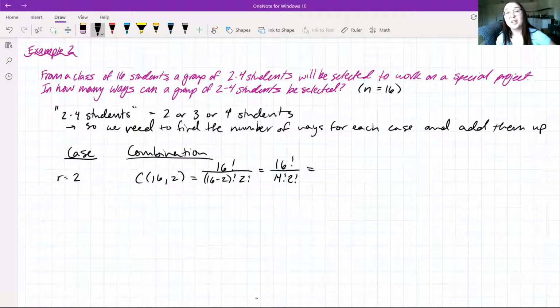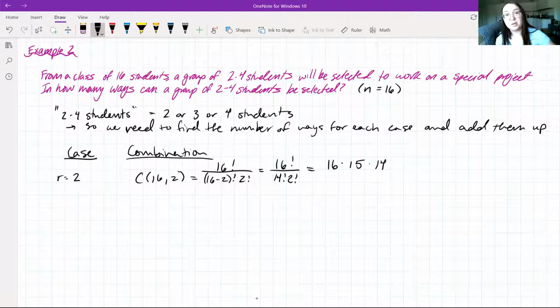Now let's start expanding. In our numerator, we have 16 times 15 times 14, and we know the 14 is going to multiply down to 1.